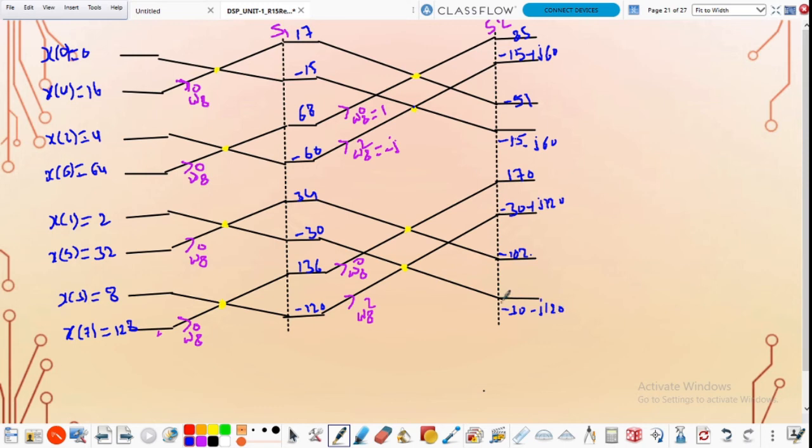Okay, so this is the construction of two 4-point DFTs, from four 2-point DFTs.